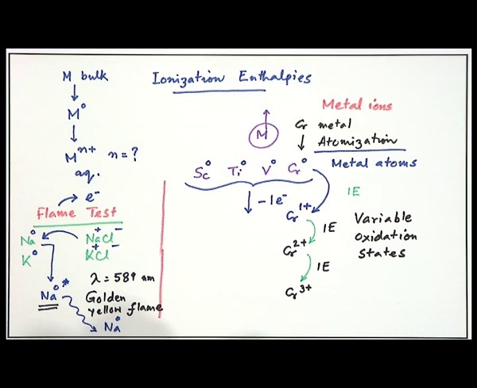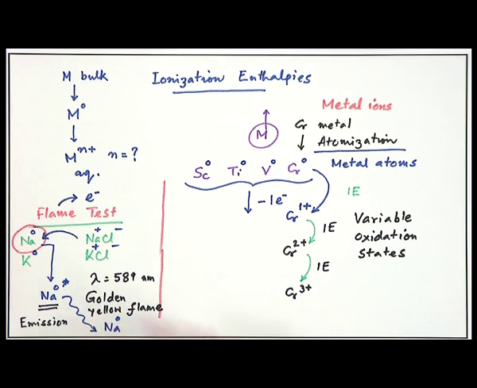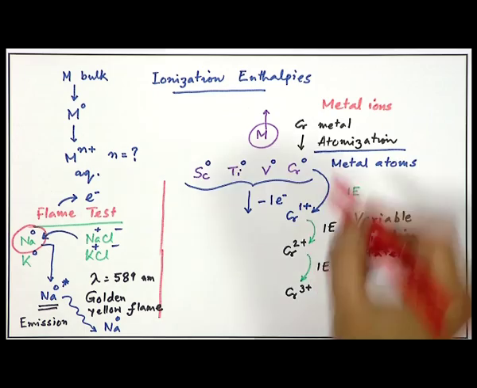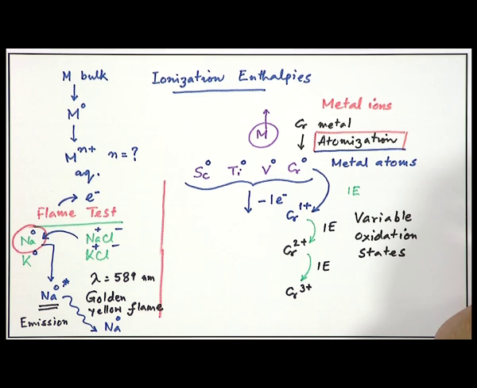So, this is basically an emission process, and it is solely dependent on the excited state of the atoms, but we are getting these as free atoms. So, this atomization term is very important and we can apply it in different places.